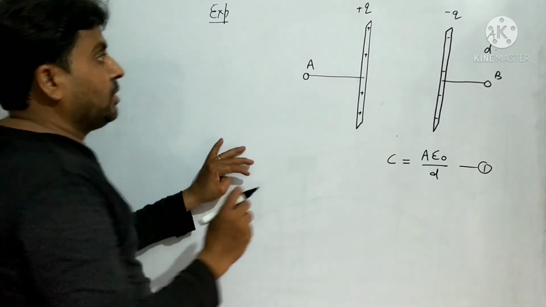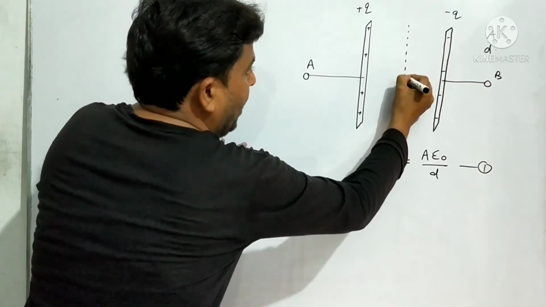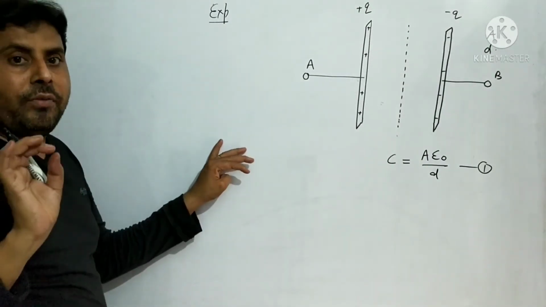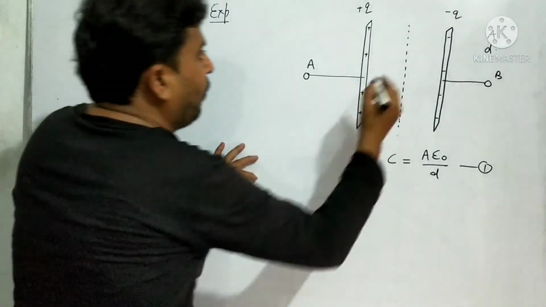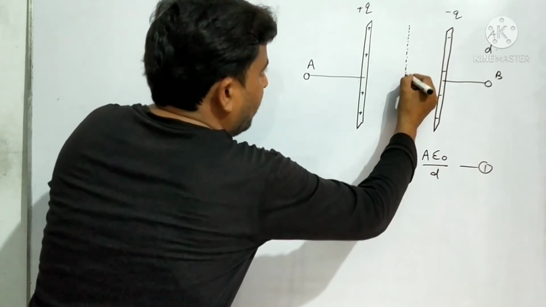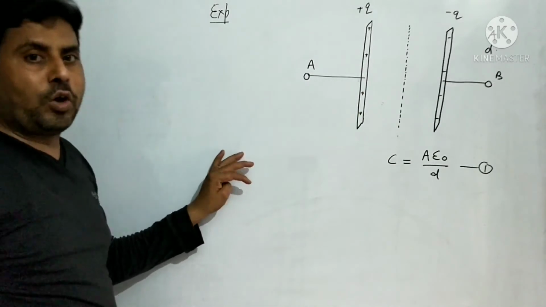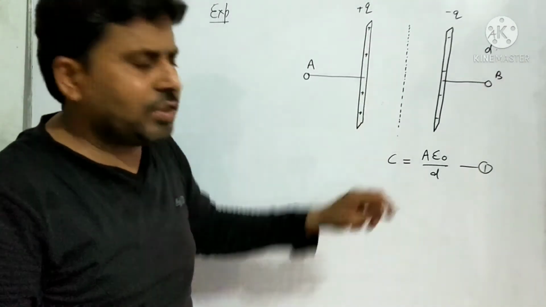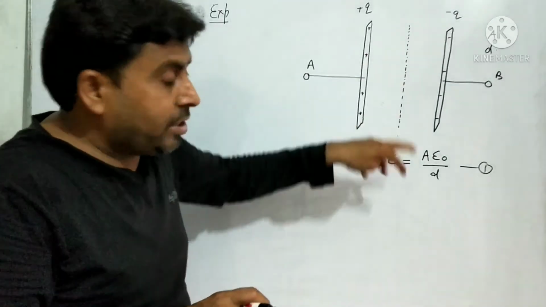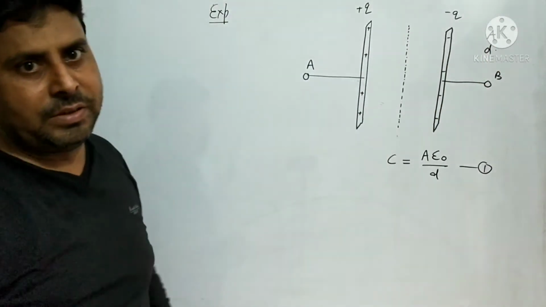The question is saying that an aluminum foil, an insulating foil, is inserted between the plates of the capacitor, whose thickness is very small, negligible. This means that because of the thickness there will be no change in D. D remains as it is.